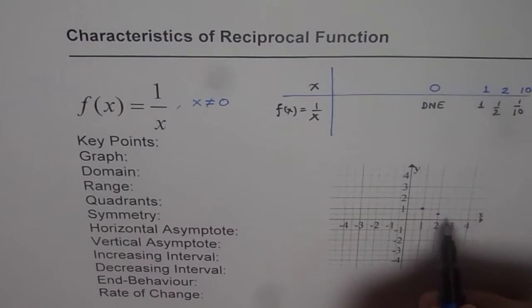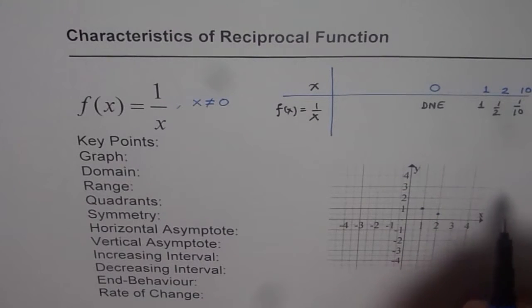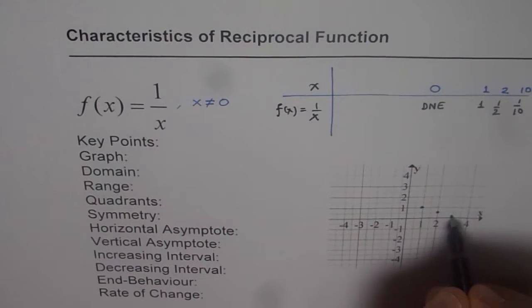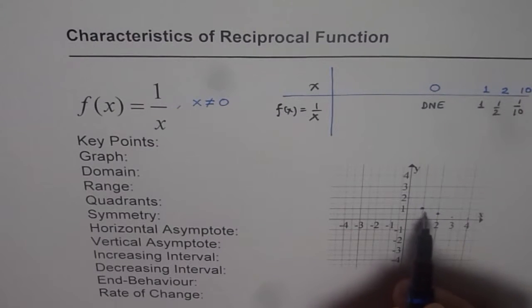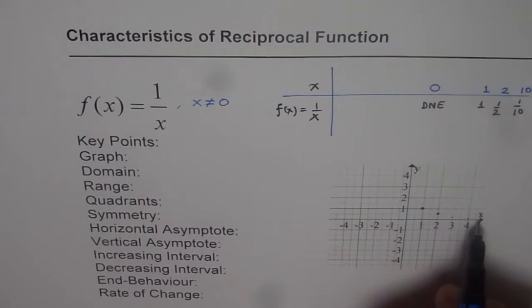That means as the x value increases, f of x will decrease, right? For 3 it will be 1 over 3, for 4 it will be 1 over 4. So it becomes closer and closer to the x-axis, but it never becomes 0, right? So if x is a very large value, it approaches the x-axis. That means f of x approaches 0.